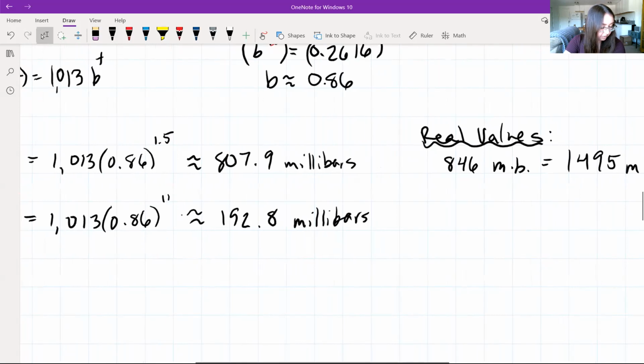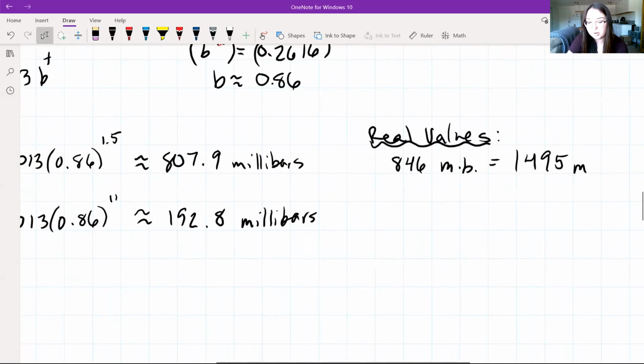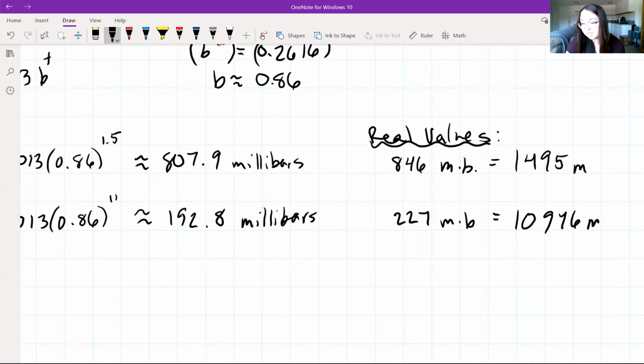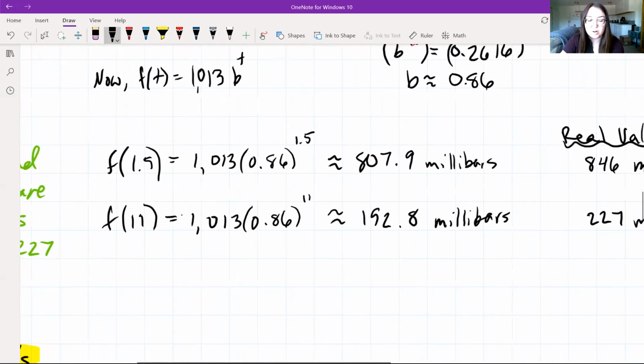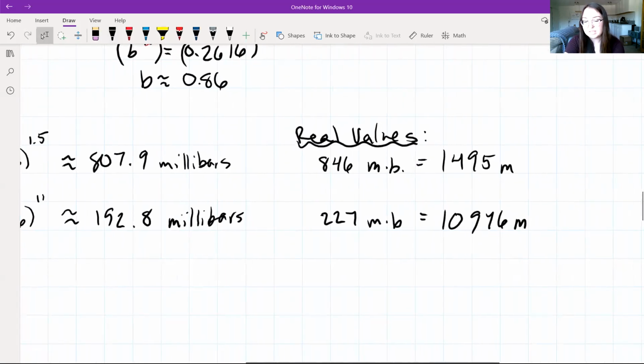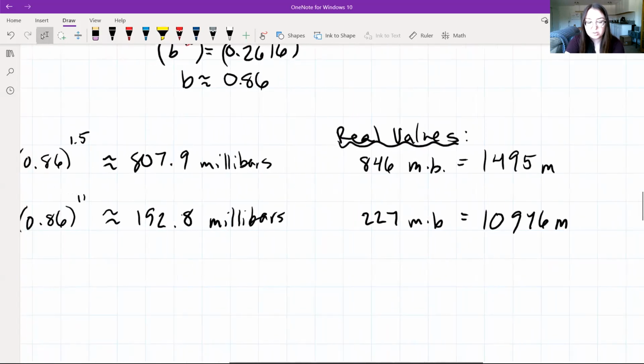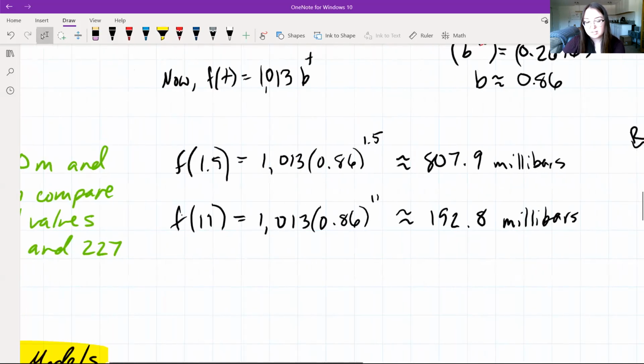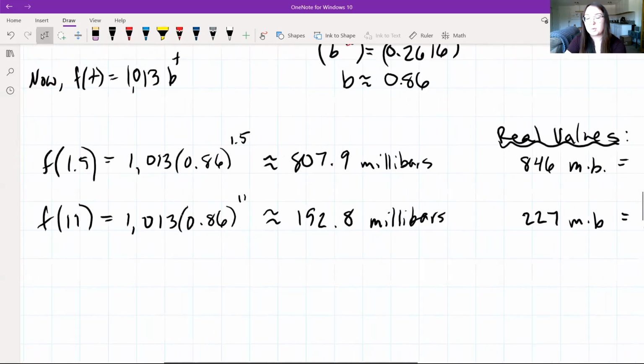And now we want to calculate for 227 millibars. So once again, using the internet, we get that 227 millibars is going to be about 10,976 meters, which we calculated for 11,000 meters, and we can see that 227 and 192.8 are fairly close in the scale that we're working with.